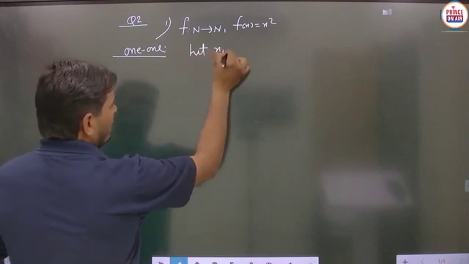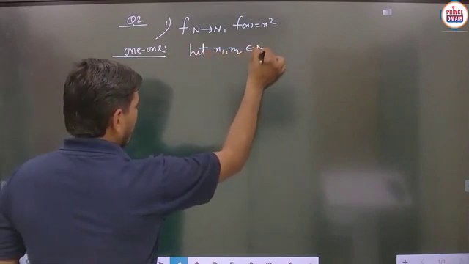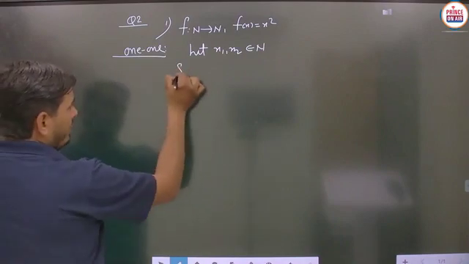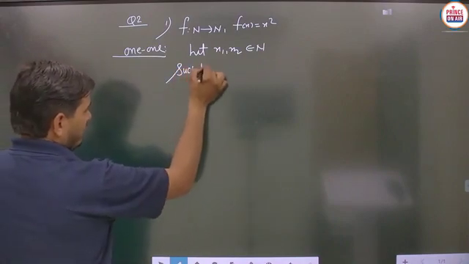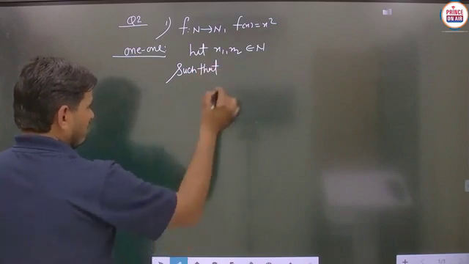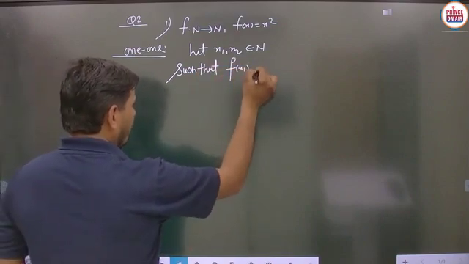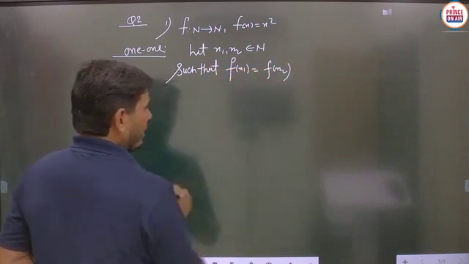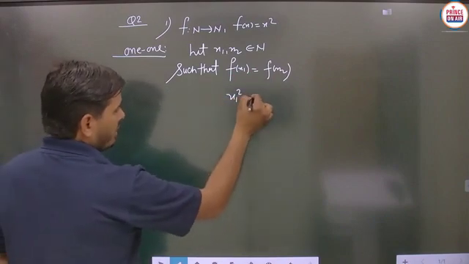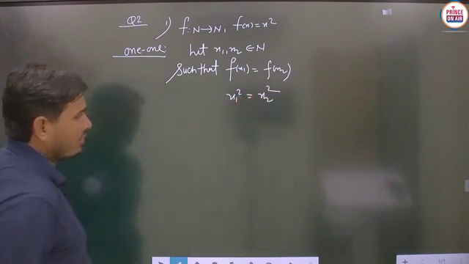Let x1, x2 belong to the natural numbers such that f of x1 equals f of x2, and here you can write x1 square equals x2 square. Is it clear?